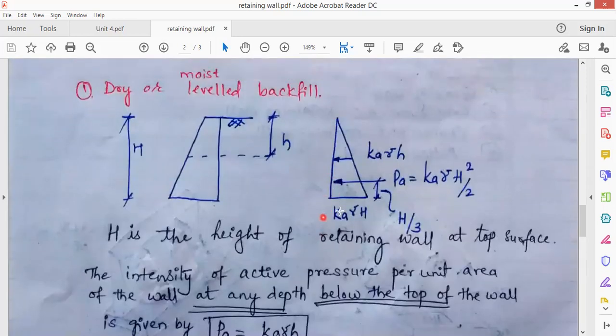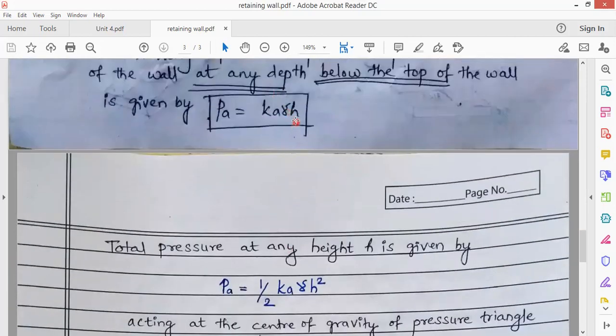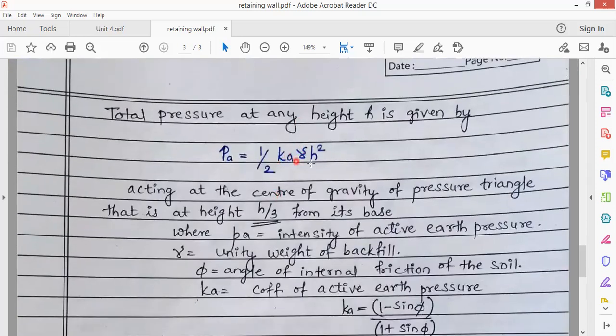Base is Ka gamma into small h, and the height is small h. So the total pressure acting at a particular height small h is half into Ka into gamma h square.